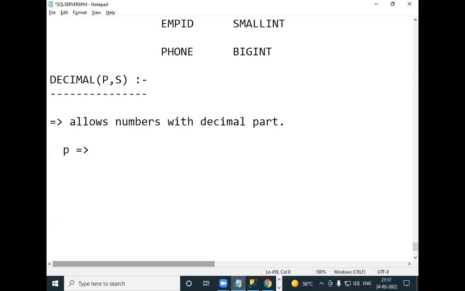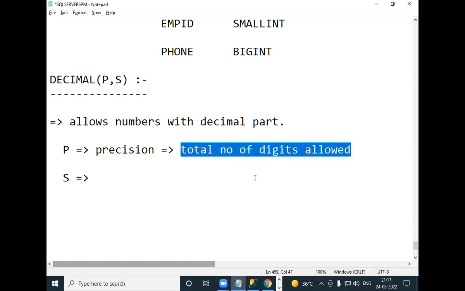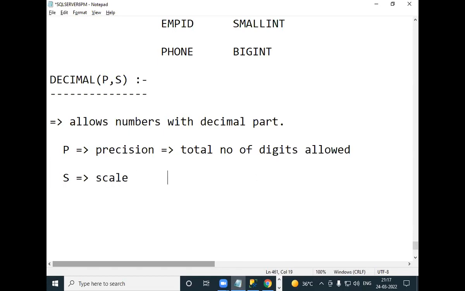What does p stand for? I declared p comma s. What does p mean? Precision. What does precision mean? Total number of digits allowed. S means scale.